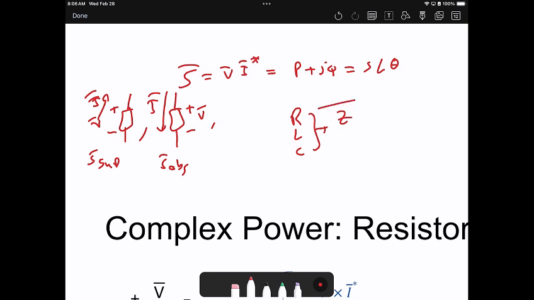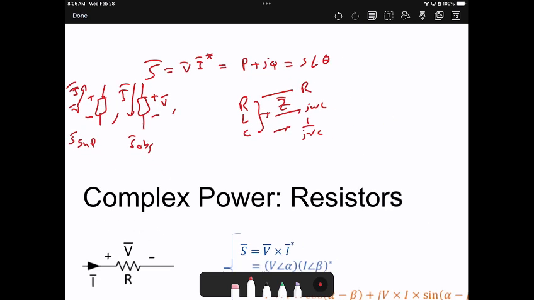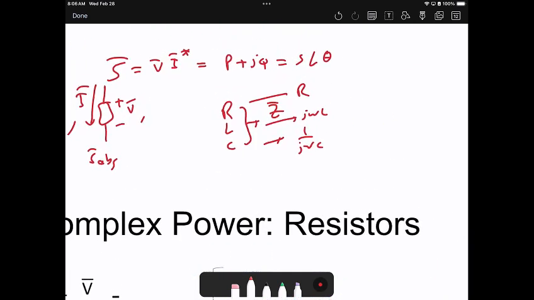Such that for the resistor, Z will be R, inductor, j omega L, capacitor 1 over j omega C, right? So we don't need to worry about whether it is inductor or resistor or capacitor. The best case is to say we will find Z bar, and that's it. You can substitute the corresponding value based on your conversion.